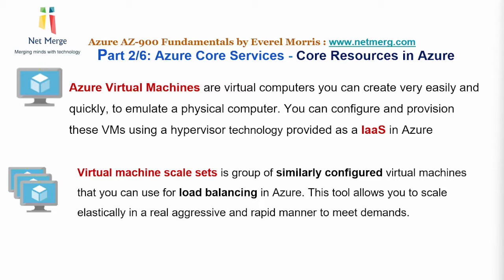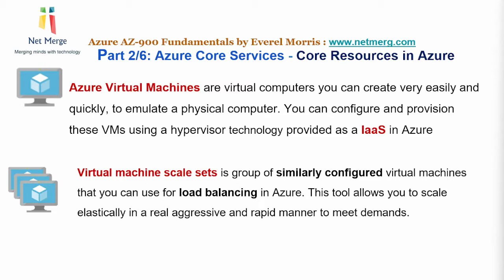It's a group of similarly configured virtual machines, and remember the term similarly configured. They're the same type of configuration, same software is on it. Everything has to be the same for it to be on the scale set. Now, these are virtual machines that you can use for load balancing in Azure.